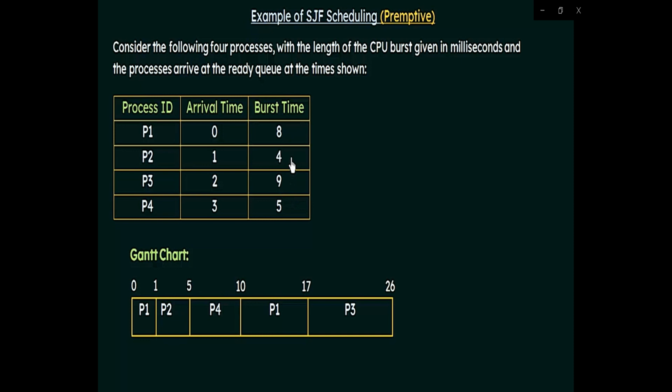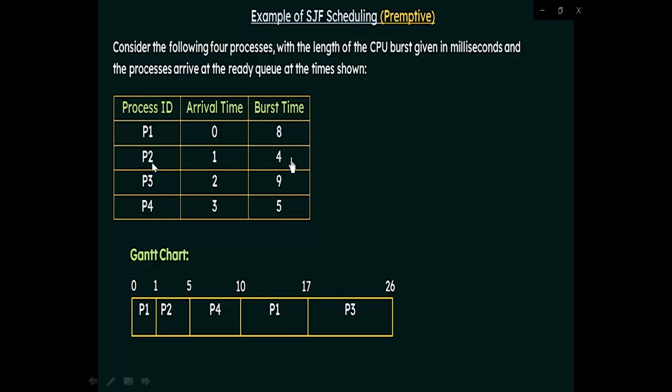Now, while P2 is executing, at 2 units of time, P3 comes. But the burst time of P3 is 9, and P2 has executed for 1 unit of time, so its remaining burst time is 3 units. So the burst time of P2 is 3 and of P3 is 9, and the preference will be given to process P2.